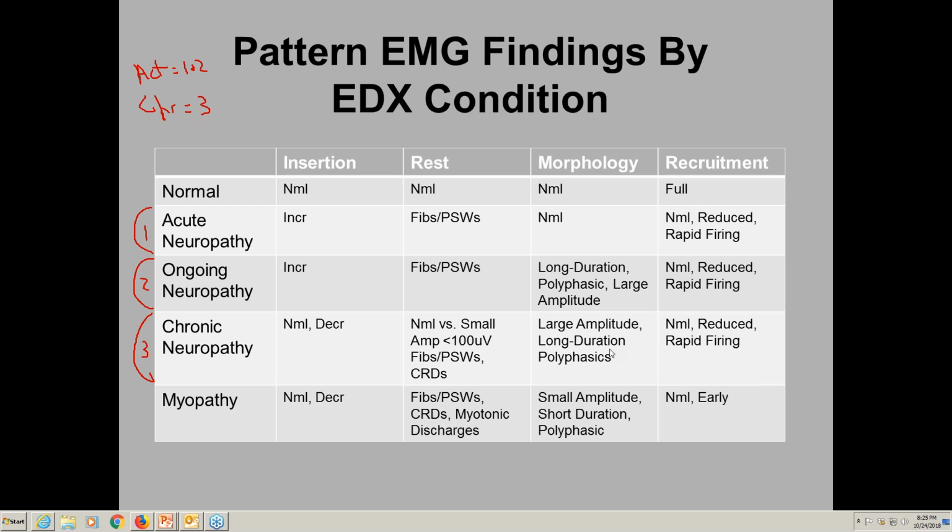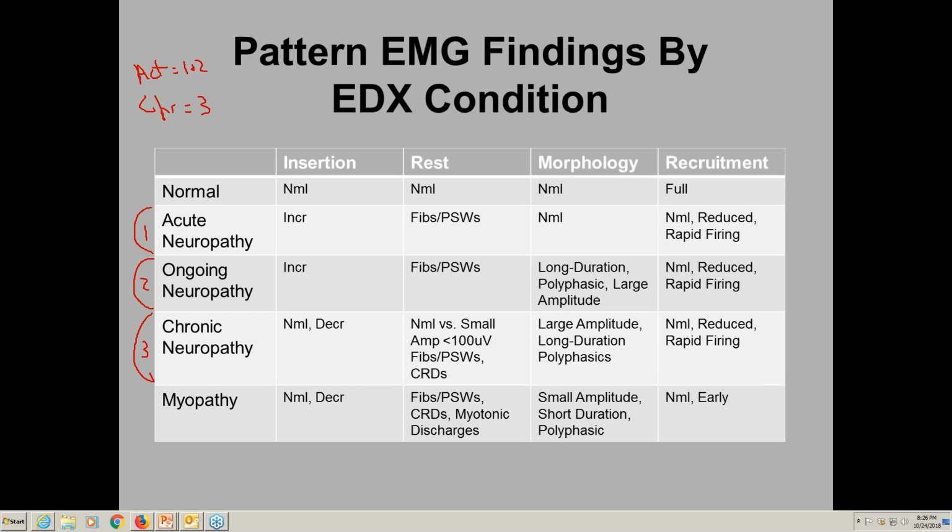Old C6-7 cervical disc fusion. You stick their FCR, and it's normal with insertion, it's normal at rest, but you see large amplitude motor units with some reduced and rapid firing recruitment. And you see the same thing in the triceps, and you see the same thing in the extensor digitorum. That's chronic C7 cervical radiculopathy.